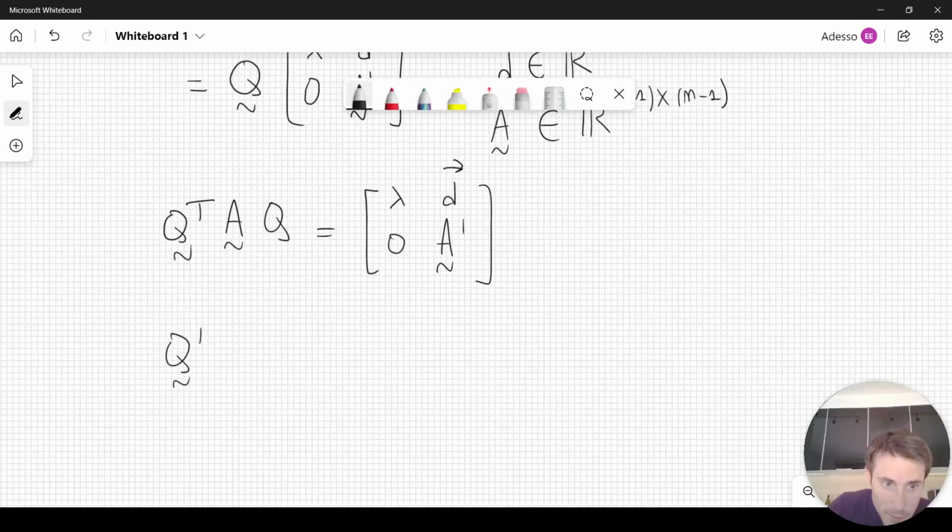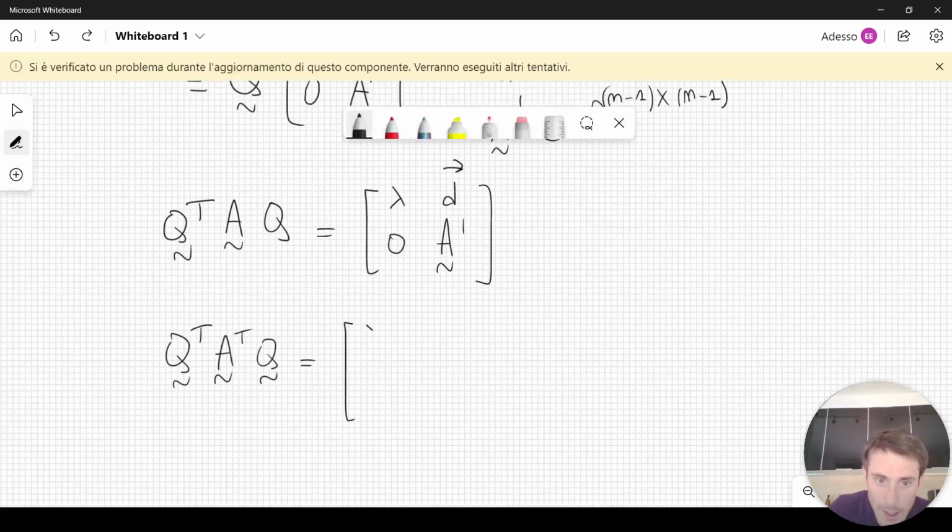If we take the transpose, we have Q transpose, A transpose, Q, and this is equal to, well, when we take the transpose of this, we get lambda, so this is just a real scalar, so when we take the transpose, lambda will remain there. Here we have D transpose, so we have this vector transpose. Here we have 0, and here we have A prime transpose, like this.